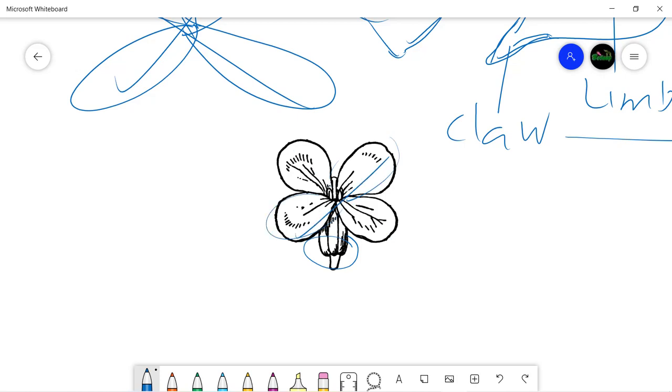As you can see now, they are in a cross-shaped manner, diagonally placed. All the petals are diagonally placed, and you can see their limb and they have a short claw. This is their claw, which is not visible in this particular image. So this is the arrangement of the 4 petals in the family Brassicaceae, which is known as the cruciform corolla.